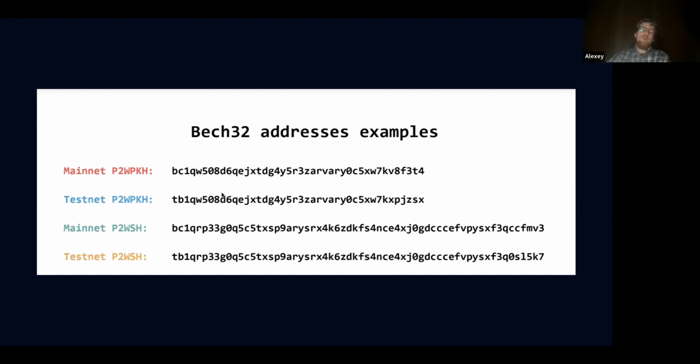So here we, for example, have some addresses. Each of them has a prefix. So BC means mainnet. This is the prefix for the mainnet, and TB is the prefix for the testnet.